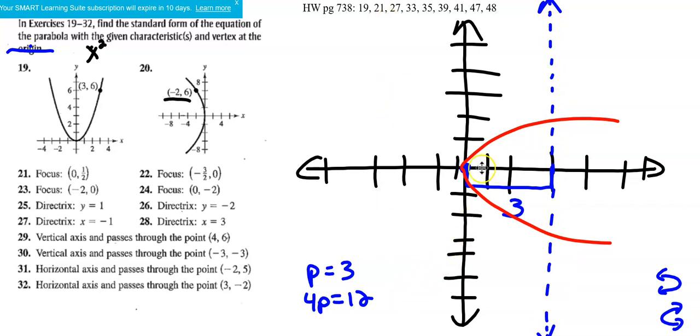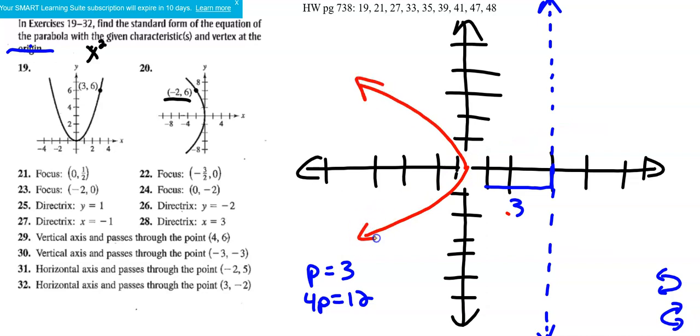So the focus, which is, well, it would have to be somewhere in here, would be on the same side of the vertex as the directrix, which doesn't make any sense with what we know about parabolas. So this thing cannot open up going to the right. It must open up in the other direction, going to the left. So that means our parabola opens up like this.